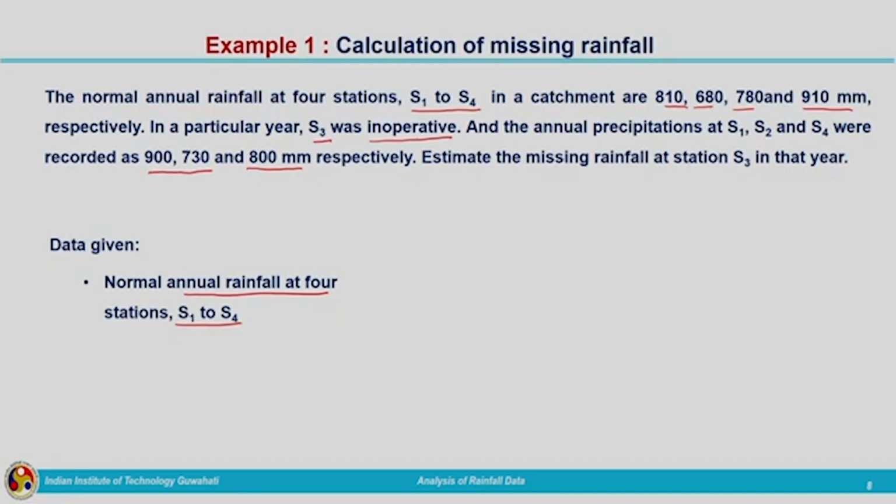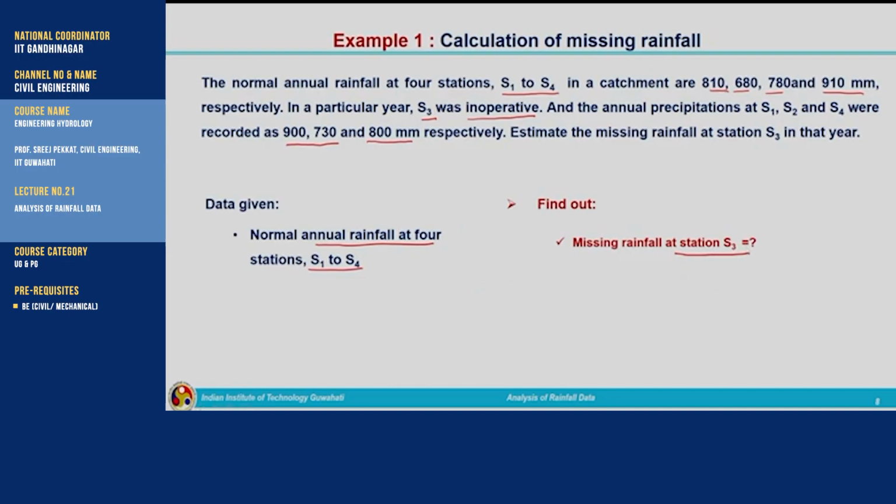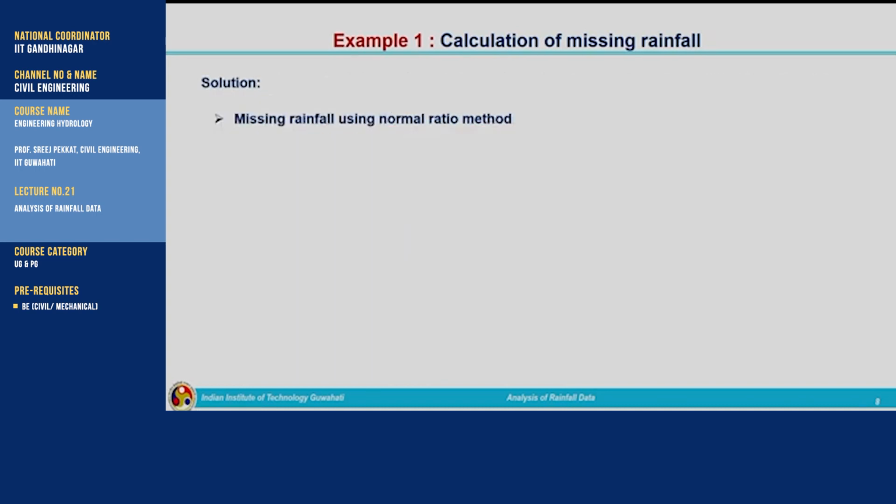So, we need to calculate the annual rainfall corresponding to that particular station for that missing period, based on the data from the neighboring stations and also the normal rainfall at this particular station. We will just make use of the formula which we have seen, and after substituting the given data we can get the annual rainfall at the station X.